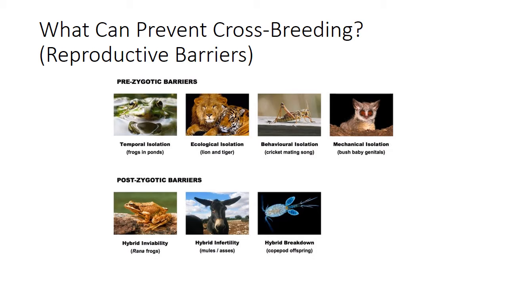Then ecological isolation: lion and tiger live in very different habitats, right? Lions live in savannas where one tree stands at a distance of like half a mile or a mile from another tree. There's tall grass, and antelopes love to graze there, but it's very different from where tigers live.